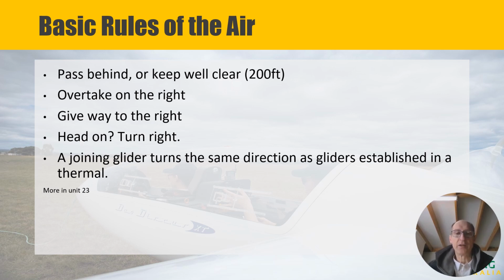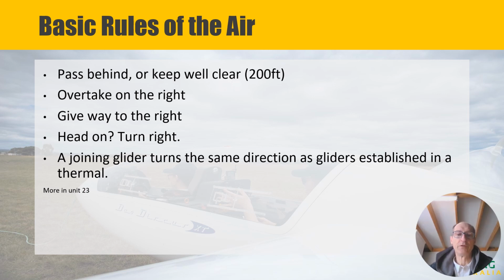To help manage other aircraft in close proximity with each other, we always have these basic rules. There are some more ones coming later in the course. You pass behind an aircraft, or you keep well clear, at least 200 feet. If you're going to overtake them, you overtake an aircraft on the right. You give way to the right. If an aircraft is on your right, you give way to them.